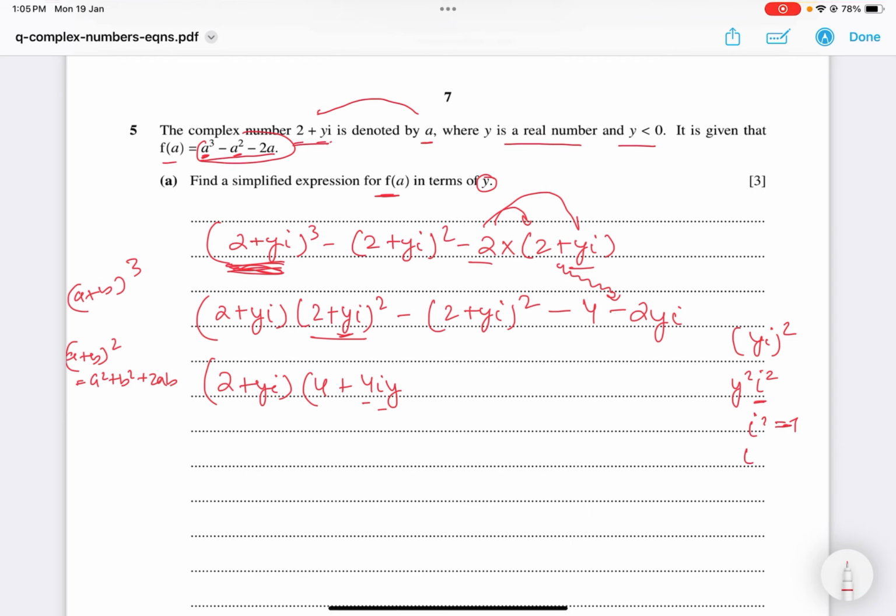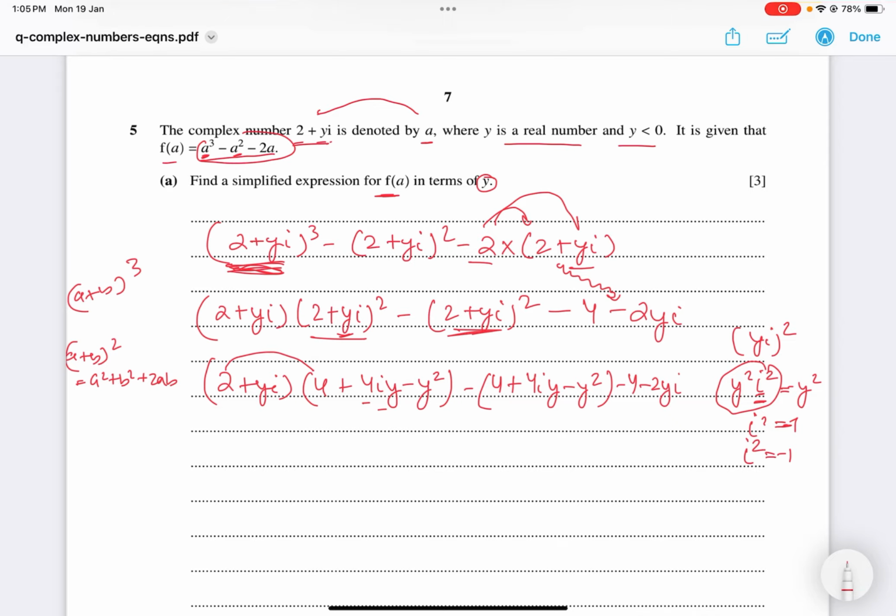Yes or no? The value of i square is negative 1. So this whole term is negative y square. I will write negative y square over here, minus the same thing because I'm expanding the square, minus 4 minus 2yi. Now let's solve this one.